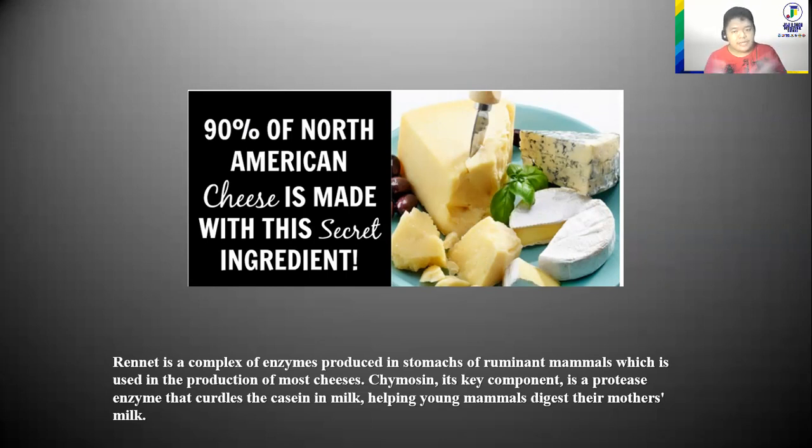It depends on how you apply the rennet or the enzymes into your cheeses. So that is a really amazing discovery of how cheeses are actually made. It's still biotechnology, genetic engineering.